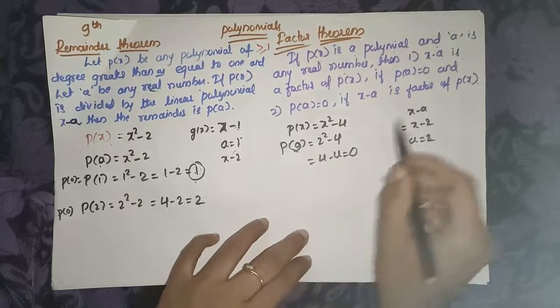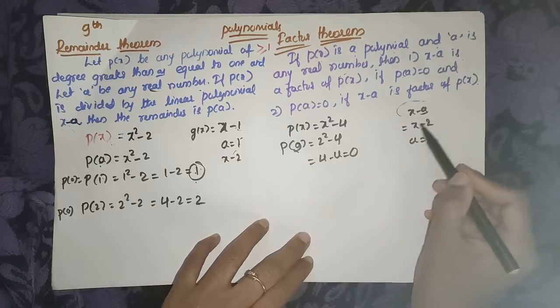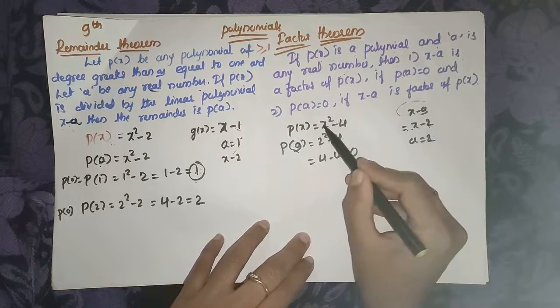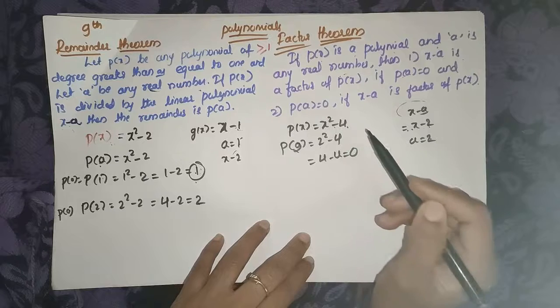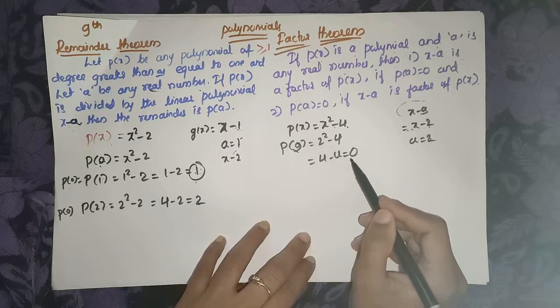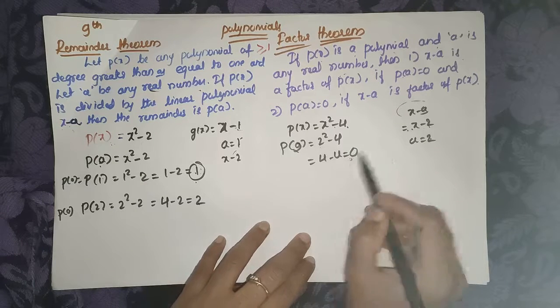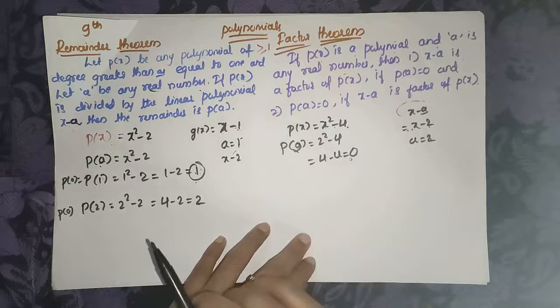Yes, so x minus 2 is a factor of x square minus 4 because the remainder is 0. If the remainder is 0, this is a factor of p of x.